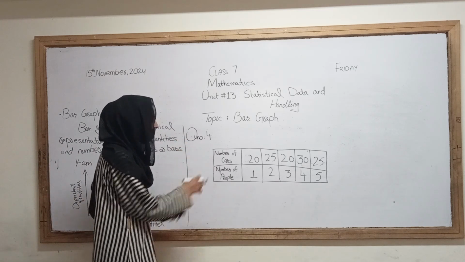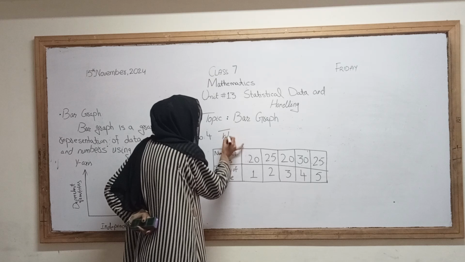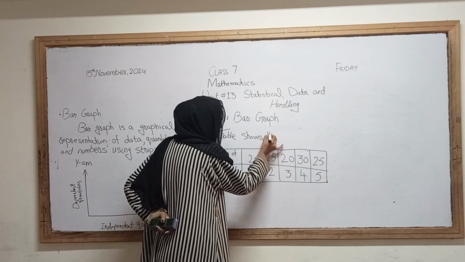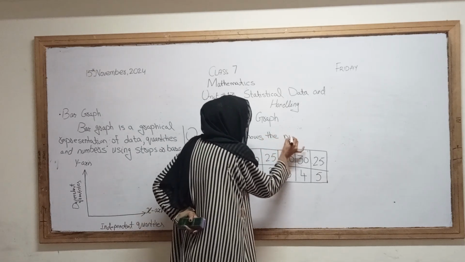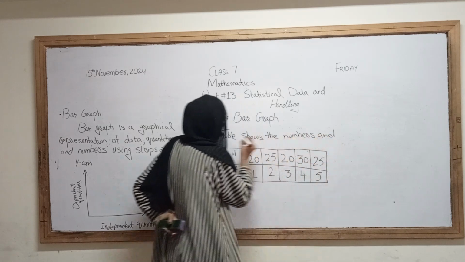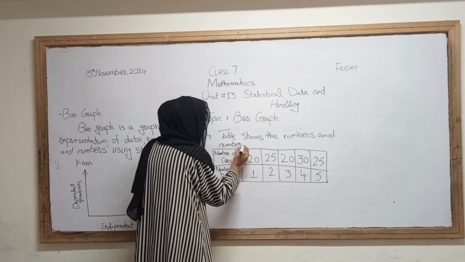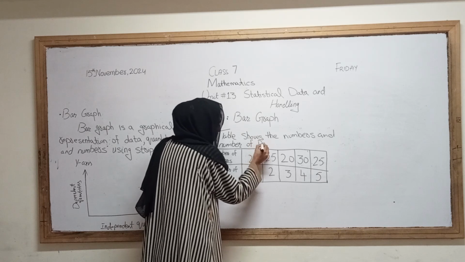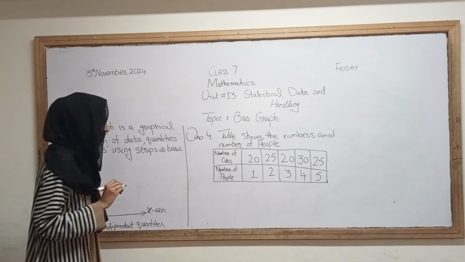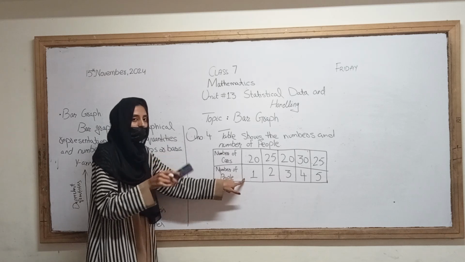In this question the table shows the number of cars and the number of people. There are cars in which only one person is present in each.